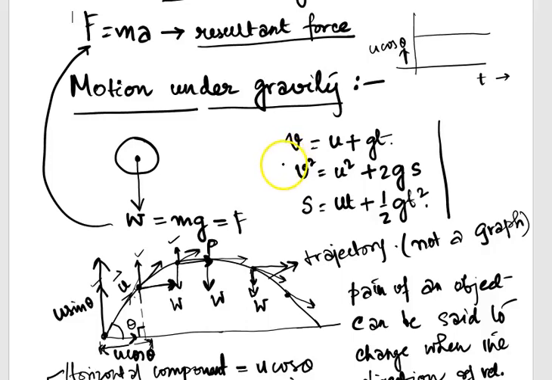If it's being thrown upwards, its velocity will reduce from maximum. This is the velocity of projection. Velocity reduces to 0 at the highest point, and then it keeps increasing.